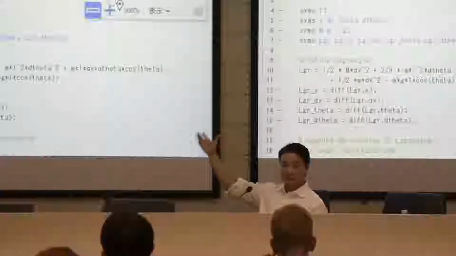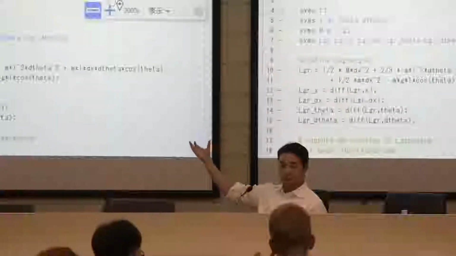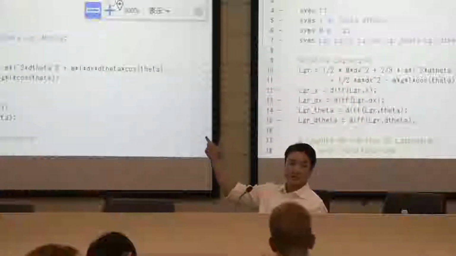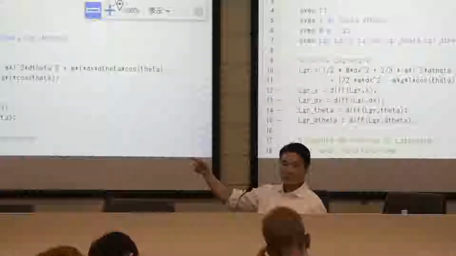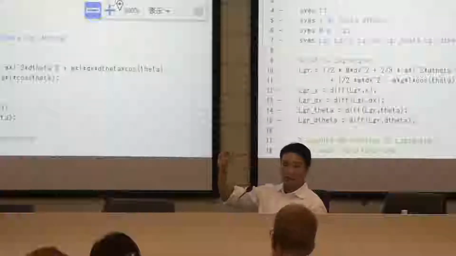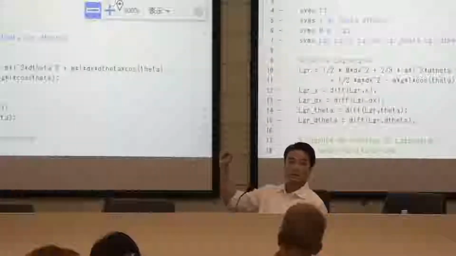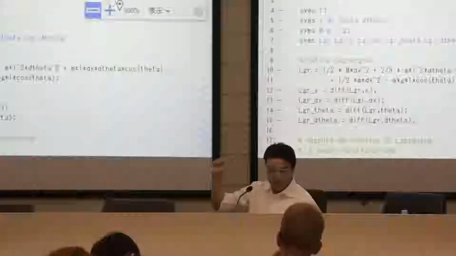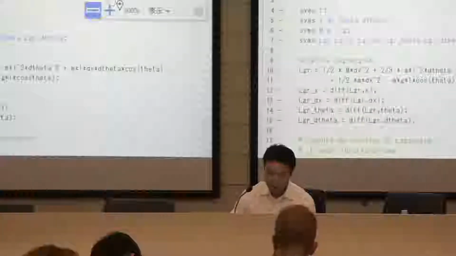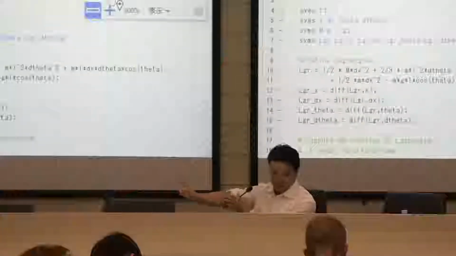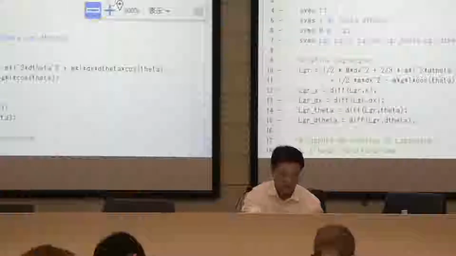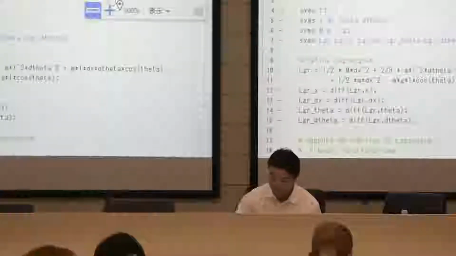And x and theta, x dot and theta dot, are functions of t, so you have to apply the chain rule. Otherwise, you don't get the x double dot and the theta double dot. To do that, you have to use a little bit of tricks. So that's why this part looks a little long.